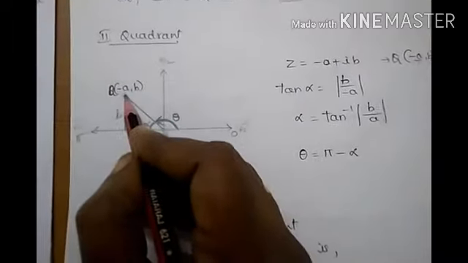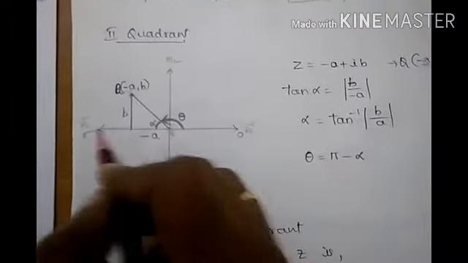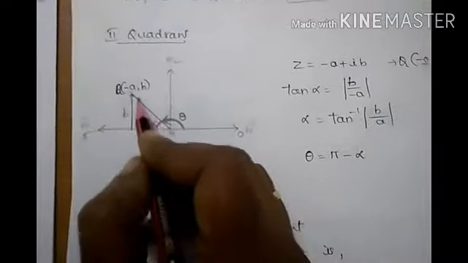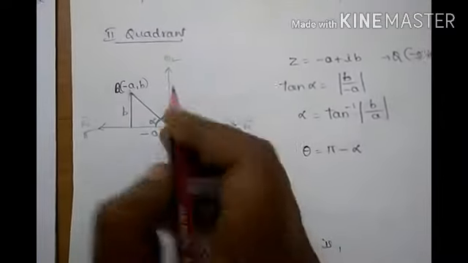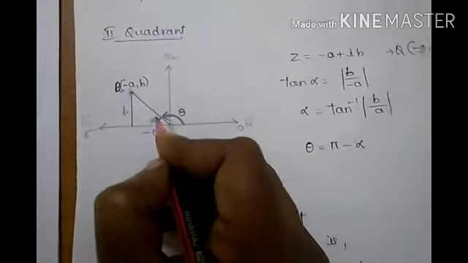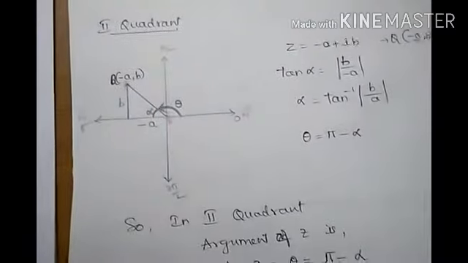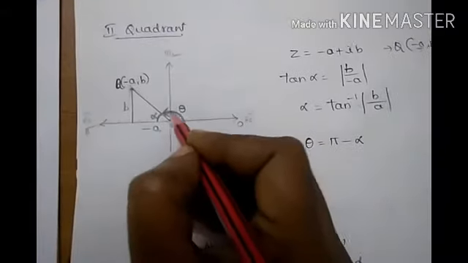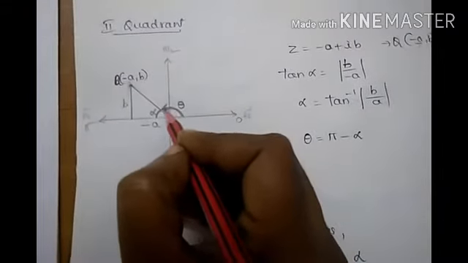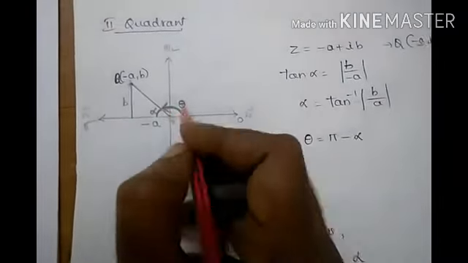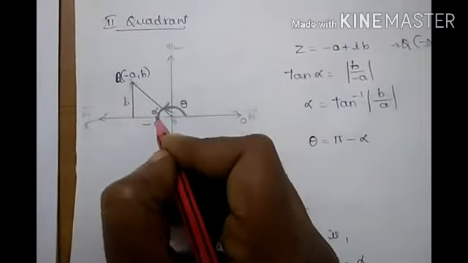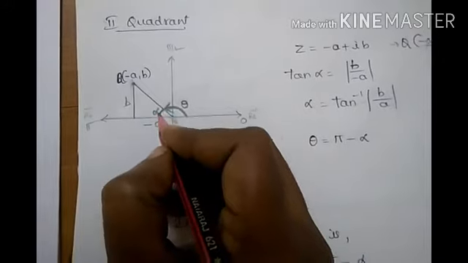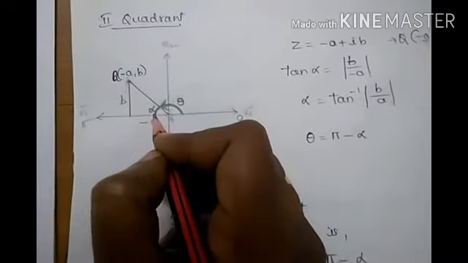Now draw a perpendicular from Q to the negative real axis. Now this forms a right angle triangle. Here alpha is the acute angle. To find the argument theta of the complex number, you should find the alpha value by using the trigonometric ratio.